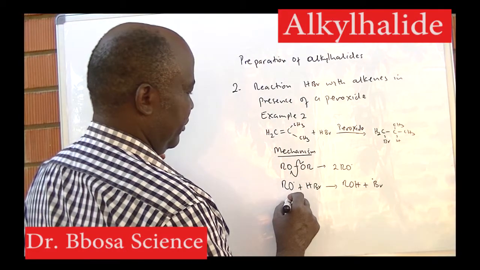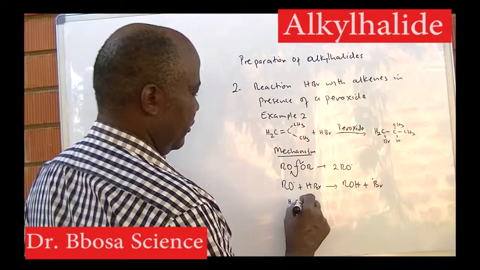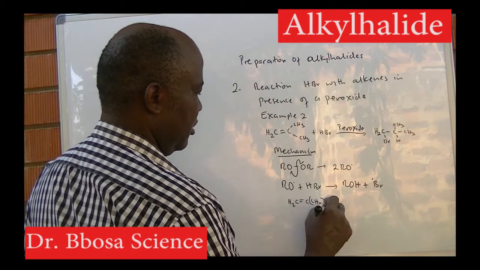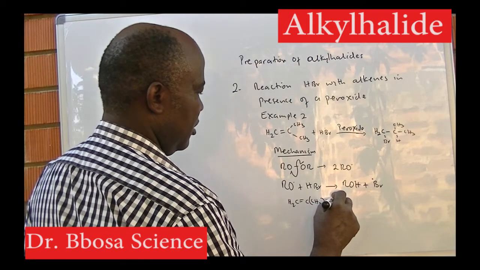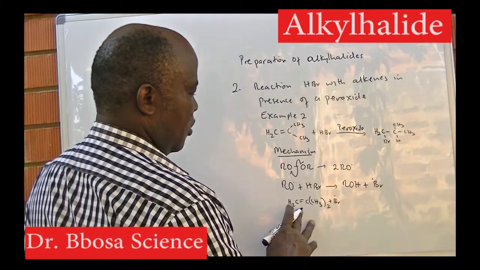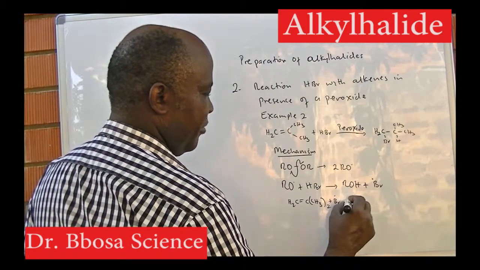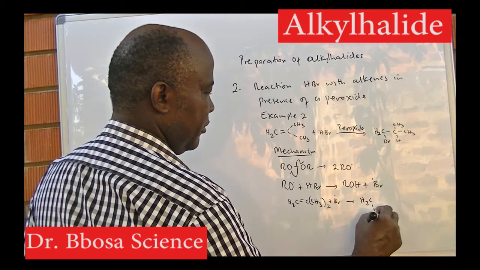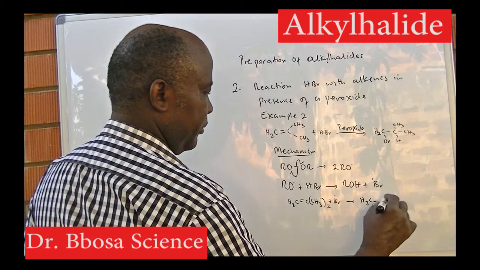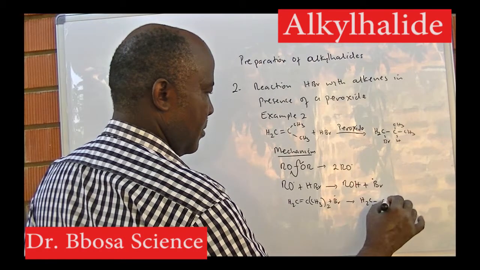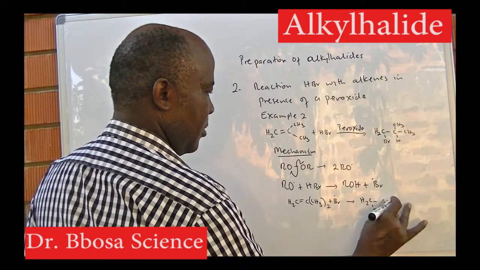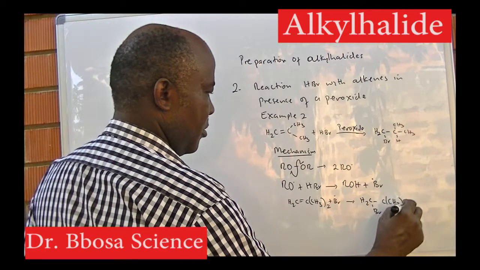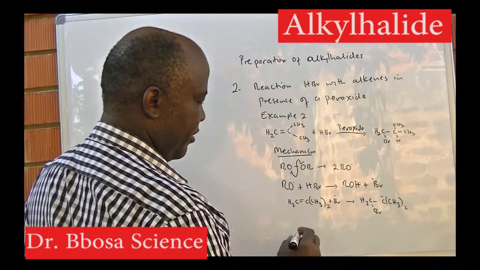Then 2-methylpropane plus a bromine free radical, you get a free radical.